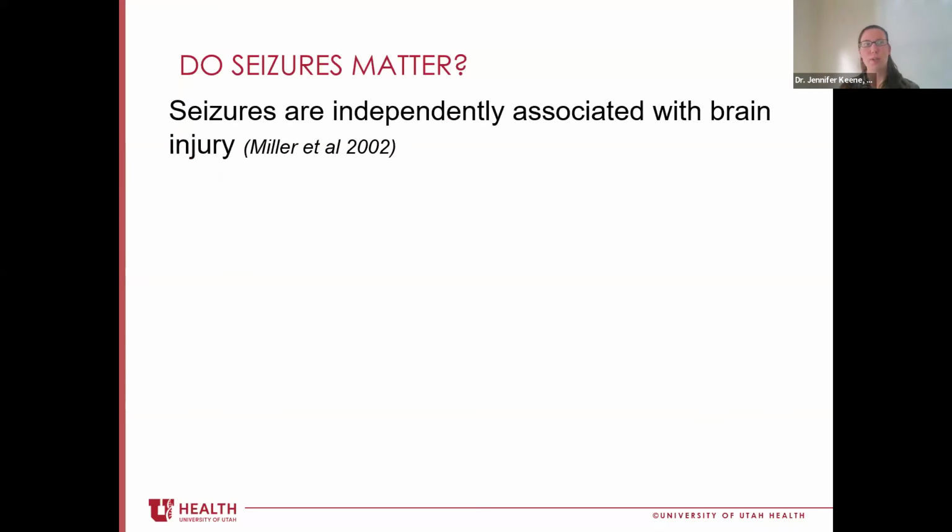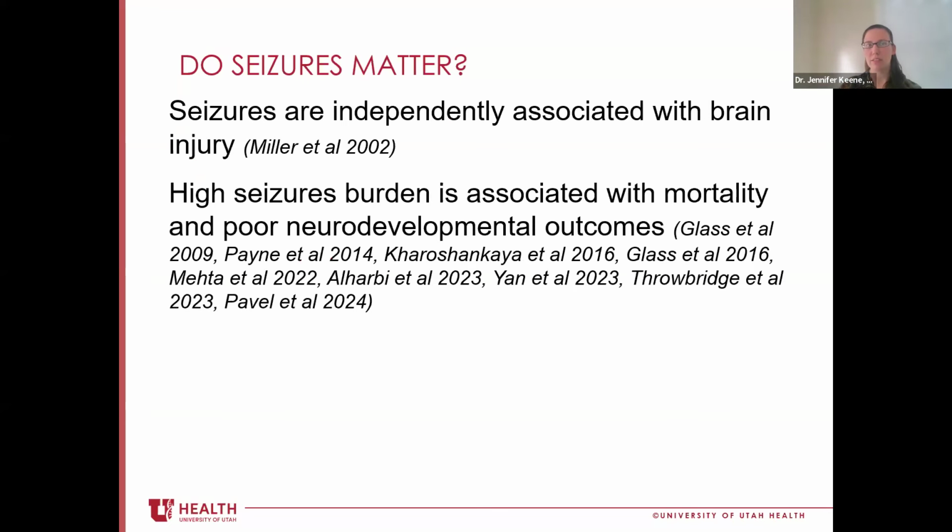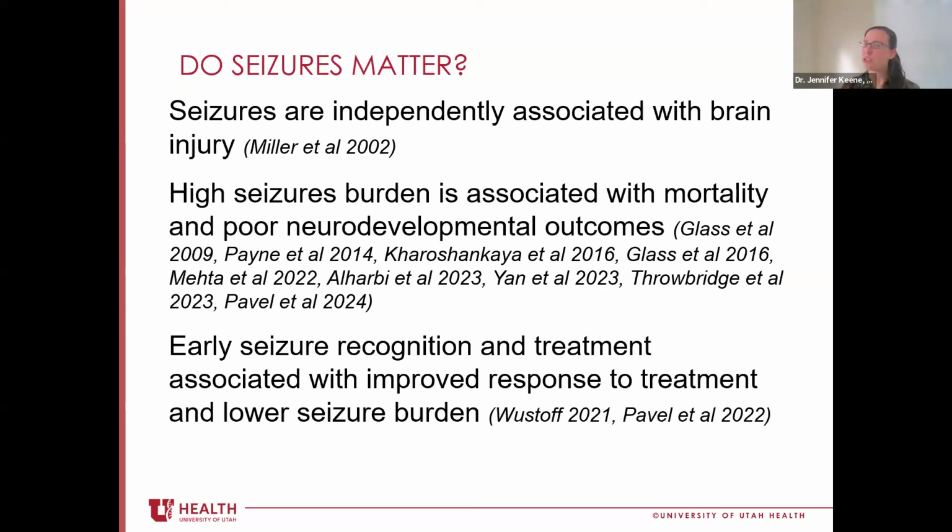And what we do know is that seizures are independently associated with brain injury, that high seizure burden is associated with mortality and poor neurodevelopmental outcomes, that early seizure recognition and treatment is associated with improved response to treatment and lower seizure burden, which makes sense. These are the things that we know and see in our older kids and in our adults. But because babies are sneaky, that was not necessarily as obvious until relatively recently.